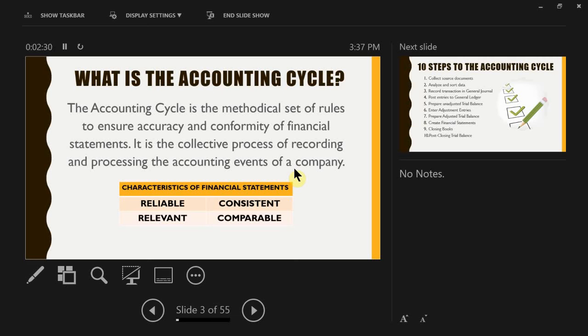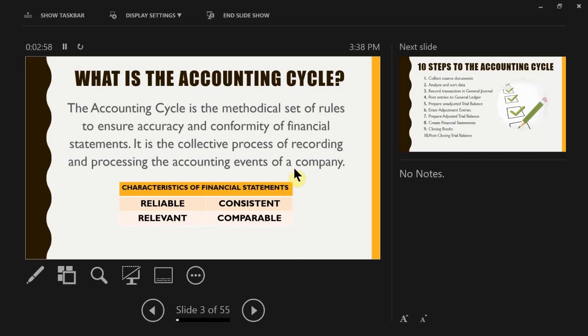Second, it's got to be relevant. Relevant meaning within its given time period. If I'm journalizing my transactions, it's usually within a certain time period. If it's the month of January, then my transactions are all going to be in January of that year.